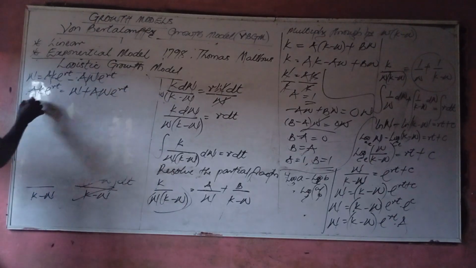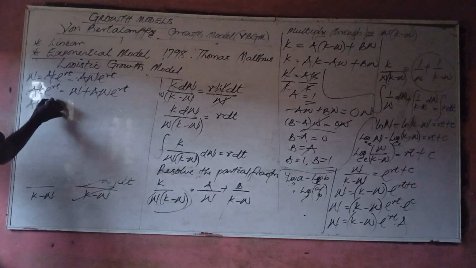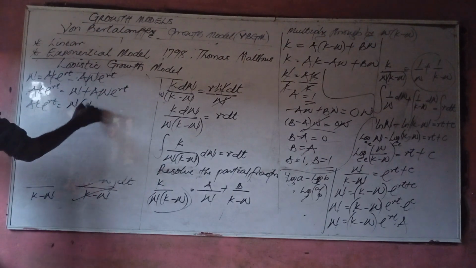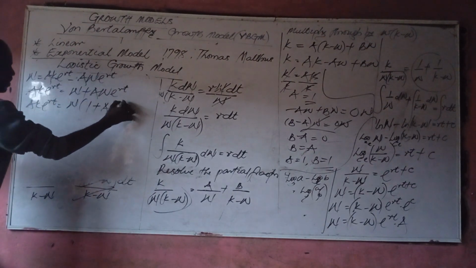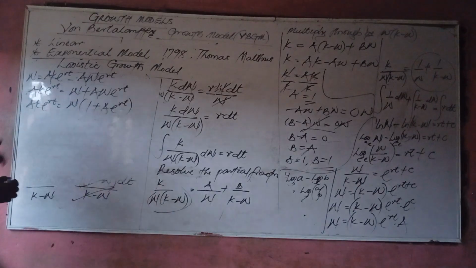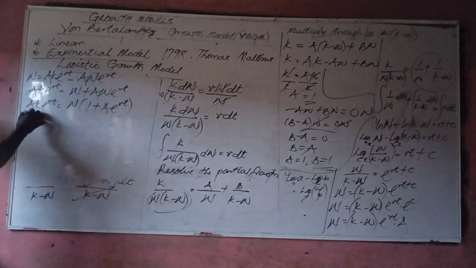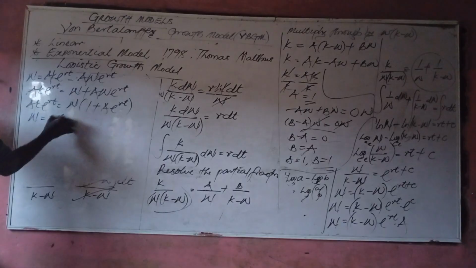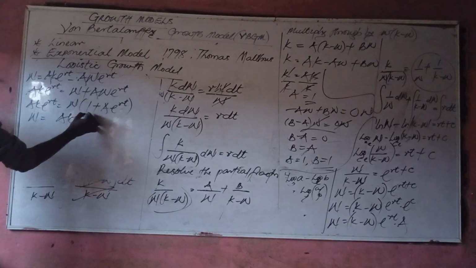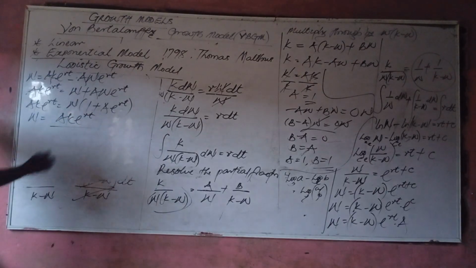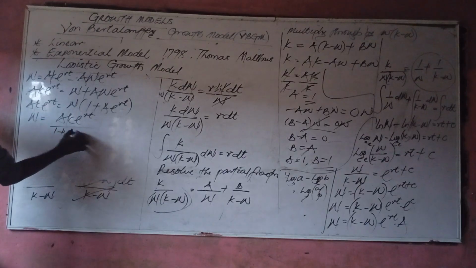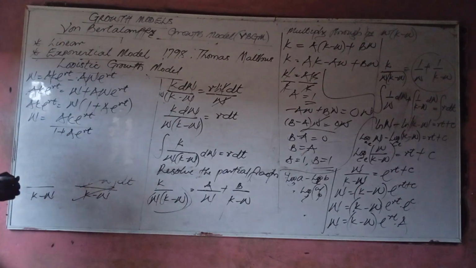So that we factor out W: A K E to the RT equal to W into bracket 1 plus A E to the RT. So from here, W therefore becomes A K E to the RT over 1 plus A E to the RT.